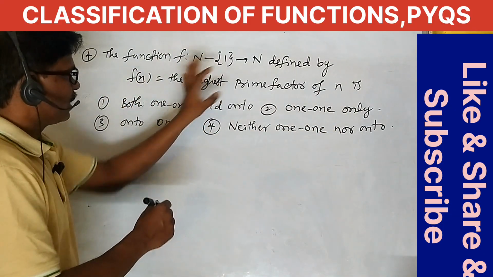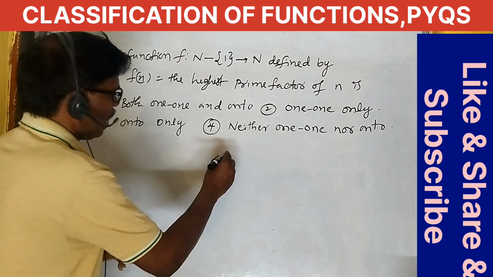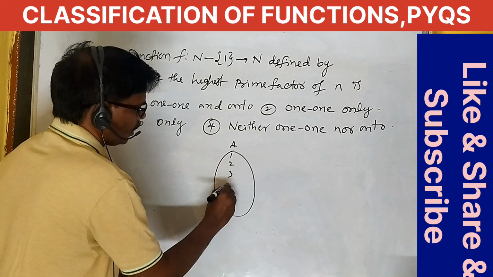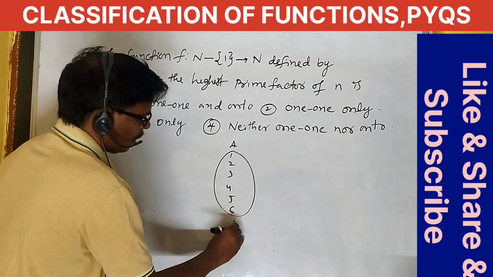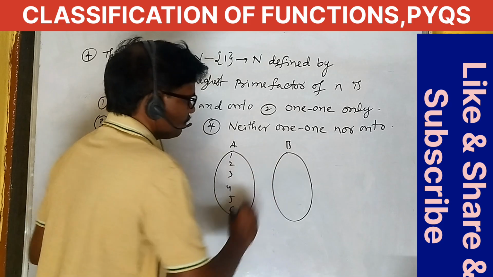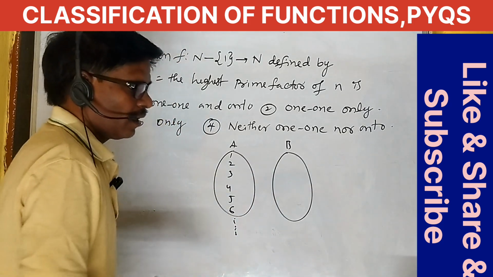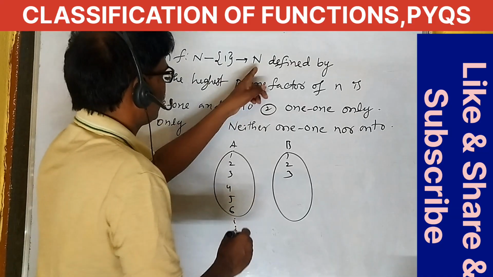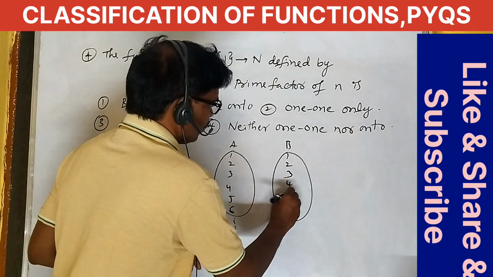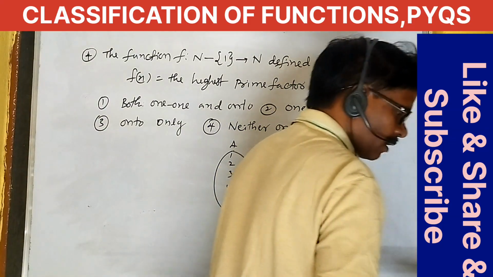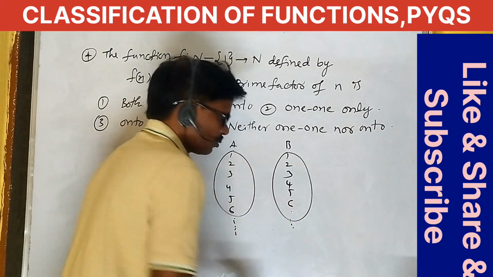Set A is the natural numbers 1, 2, 3, 4, 5, 6 and so on. Set B is also natural numbers, starting from 2, 3, 4, 5, 6 and so on.